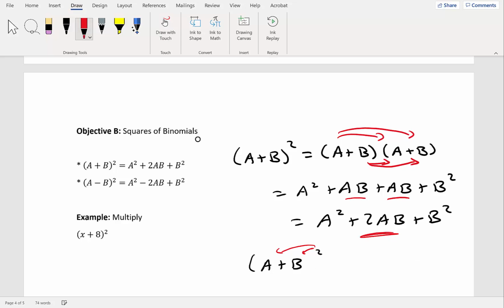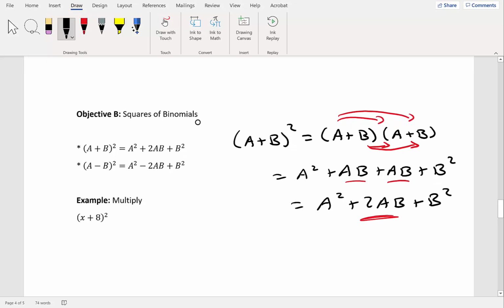Okay. Now let's work this next example out using two methods. We'll use the formula, and then I'll show you another method that you could use to multiply them out. So x plus 8 raised to the second power. If I'm using the formula, I'm going to use this first formula I have where it's a term plus a term and then raised to the second power. Okay, so my a in this problem is really this x.